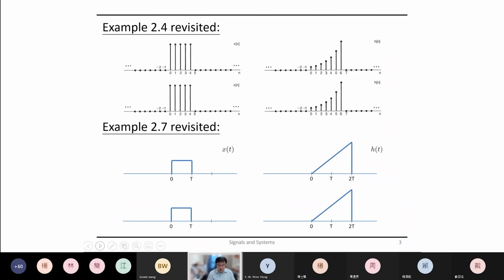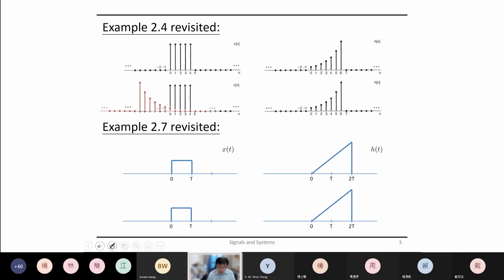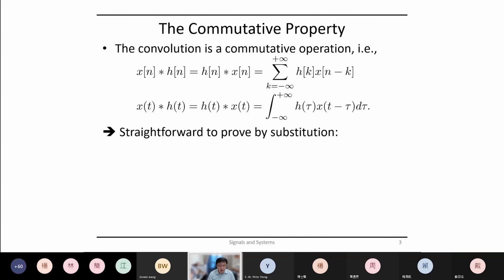Let me switch this around. Next we want to talk about a few properties of this convolution operation. In particular, we are going to show that this convolution satisfies the commutative property, the distributive property, and also the associative property.